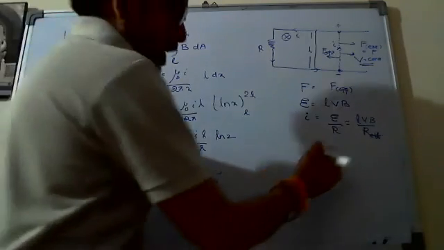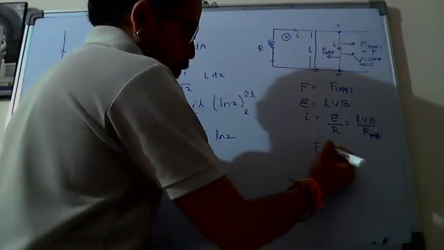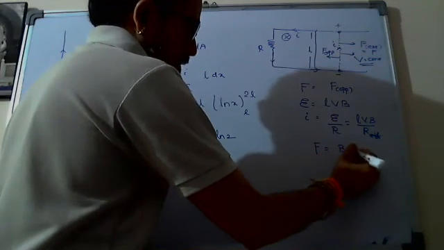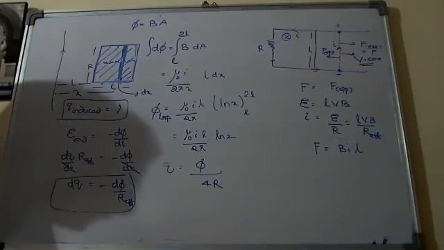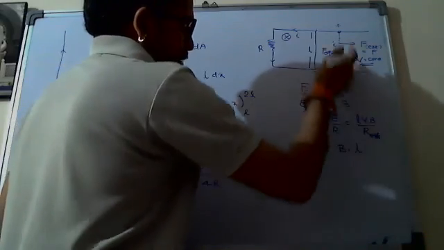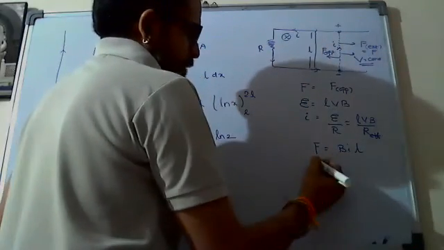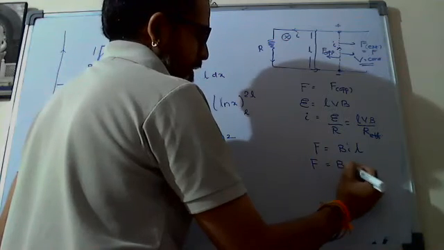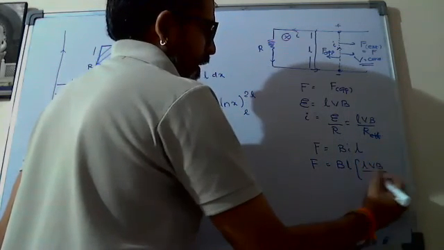When a current carrying conductor is placed in a magnetic field, it experiences a force. F equals BIL sine theta. You know it. Here, of course, no need to write sine theta, because length and magnetic field are perpendicular. So F equals BL into I, which in this case is LVB by R effective.